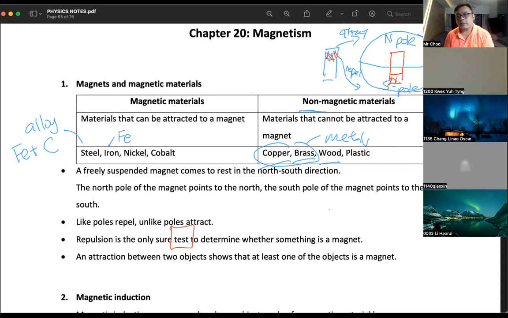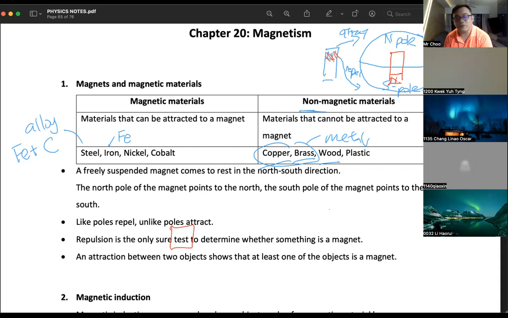Okay, Chelsea is asking me, can I test if it comes to rest facing the north-south direction when freely suspended? You can use that to test, but how do you know whether the direction is north-south? You still need a magnet, right? Then might as well do the repulsion test. Understand?